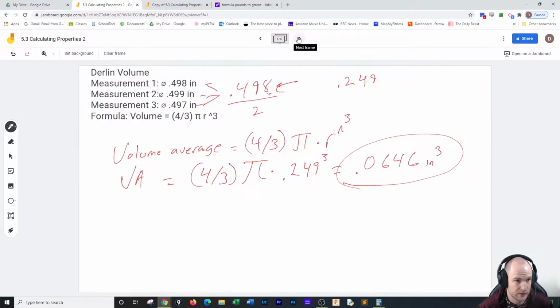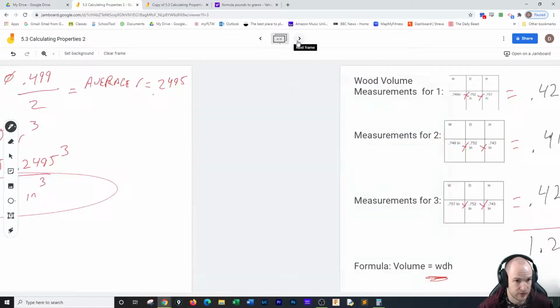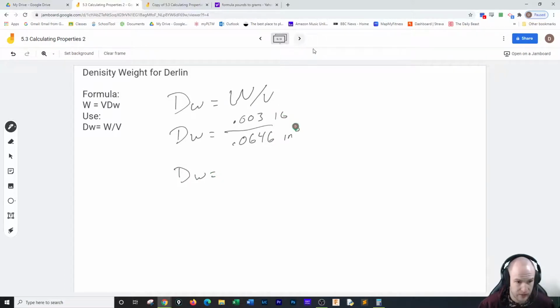So it's 0.003 for the weight and then the volume is 0.0646. And I should really write all this down, but weight is 0.003, volume 0.0646. So the density weight equals, and this is pounds per inches cubed.